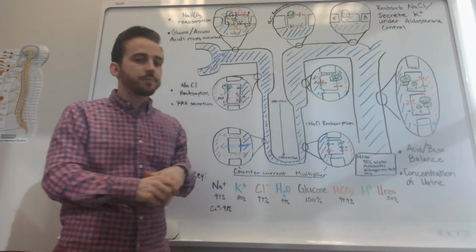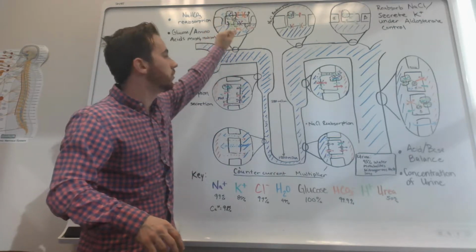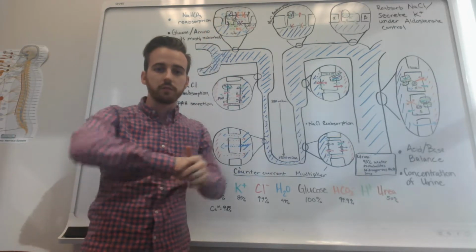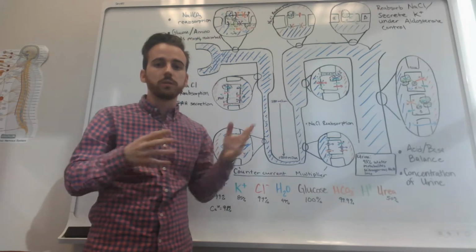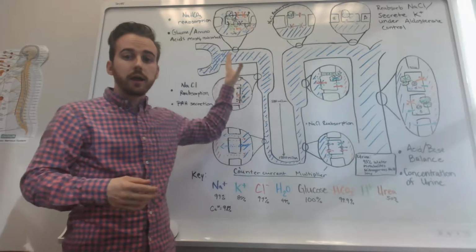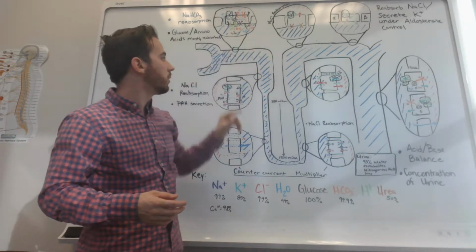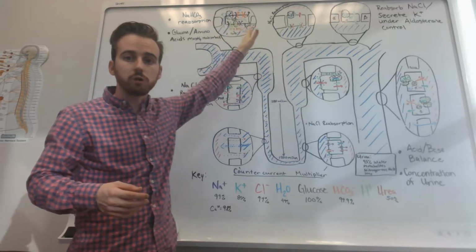Okay. So let's go ahead and start with the proximal convoluted tubule. That is one of the sections of the nephron that's an important player in the reabsorption and secretion of substances. The proximal convoluted tubule is especially important because it's going to reabsorb glucose and amino acids.